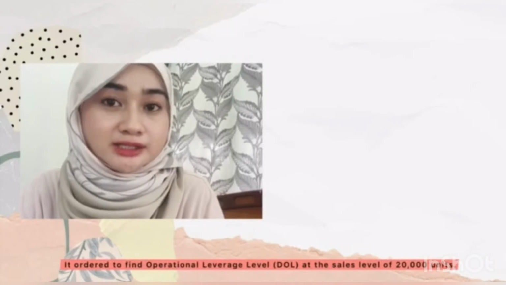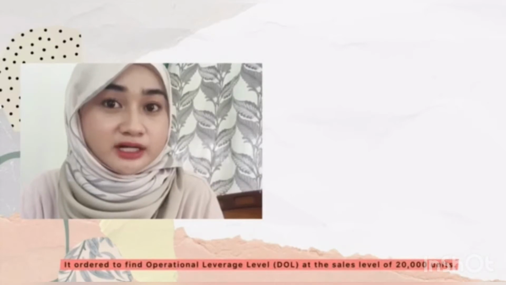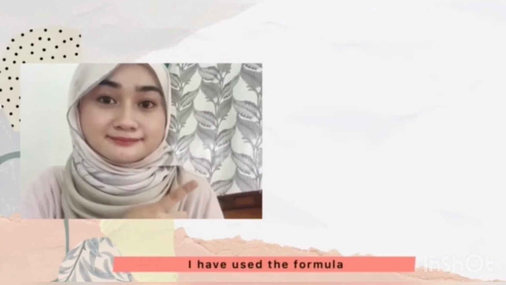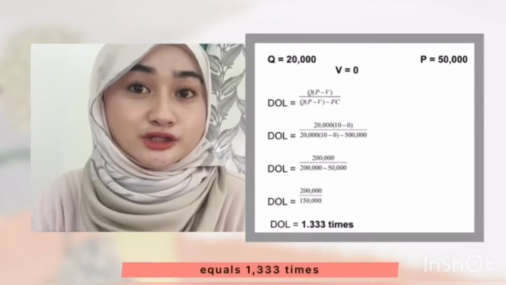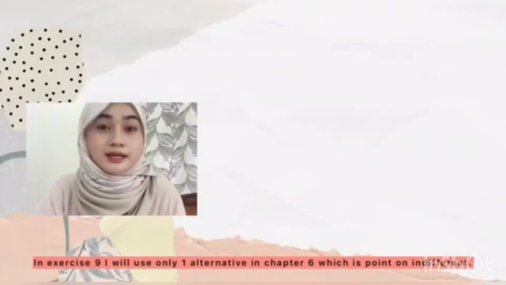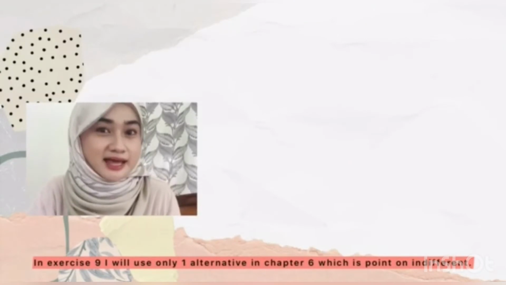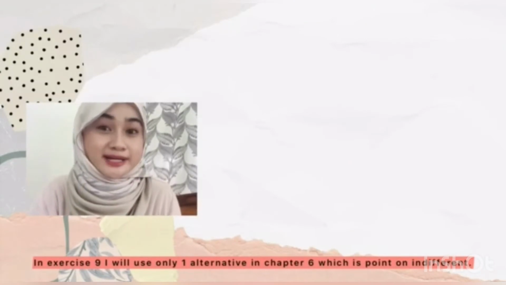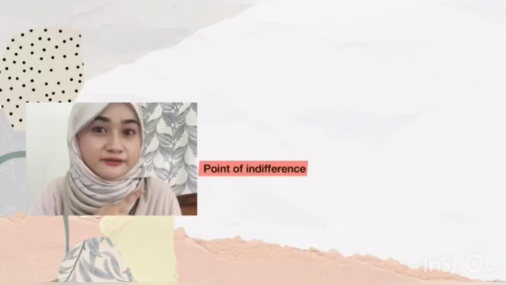In order to find the degree of operating leverage DOL at the sales level of 20,000 units, I have used the formula, and the result is 1.333 times.